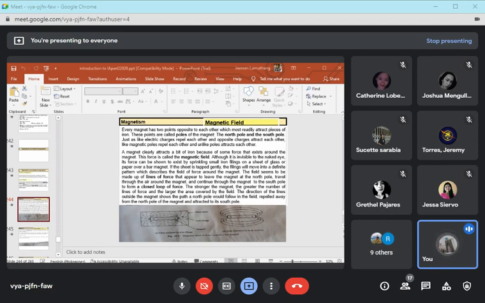A magnet clearly attracts a bit of iron because of some force that exists around the magnet. Like what I've said a while ago, there is this force, it is just invisible to our eyes.